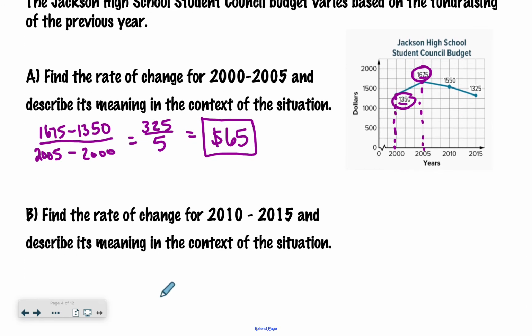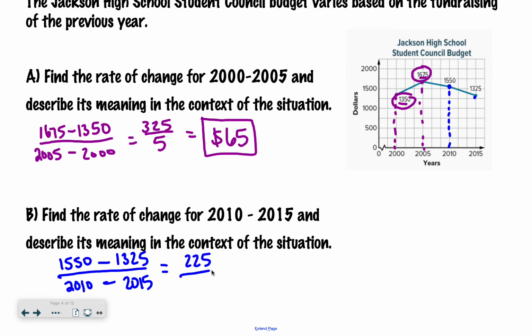Now let's look at the rate of change for 2010 through 2015. So 2010 started at 1550. So I do 1550 minus 1325 on the top, over 2010 minus 2015 on the bottom. 1550 minus 1325 is going to give me 225, divided by 2010 minus 2015, which is negative 5.